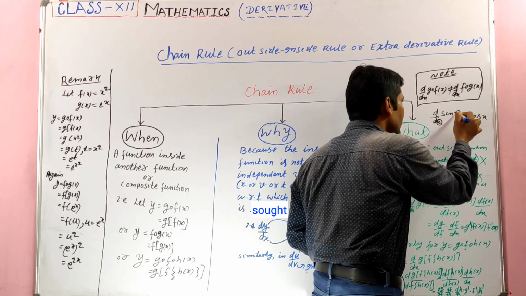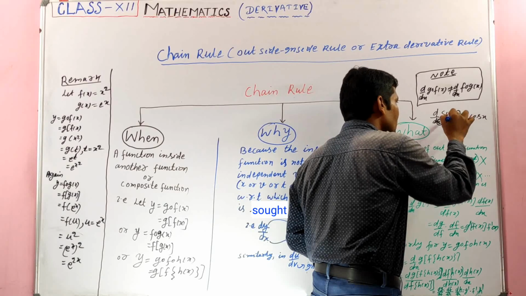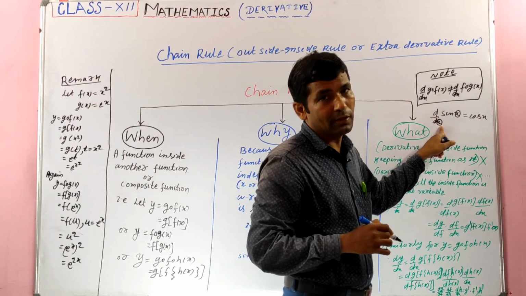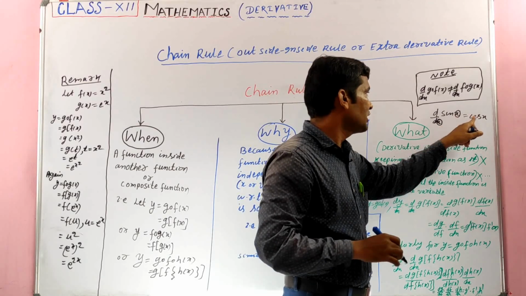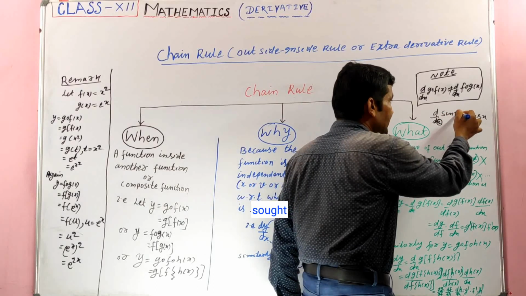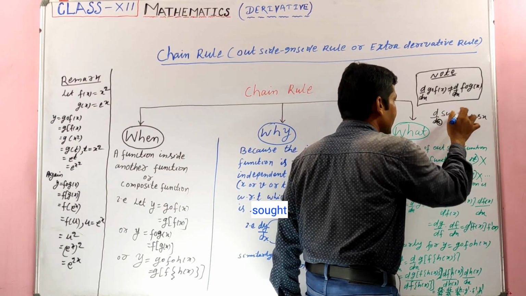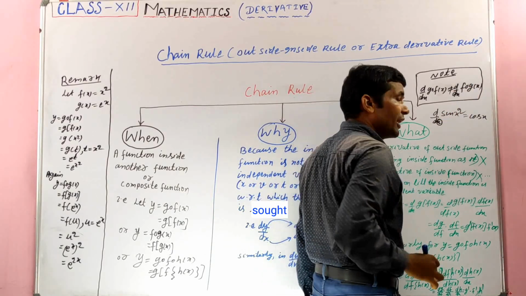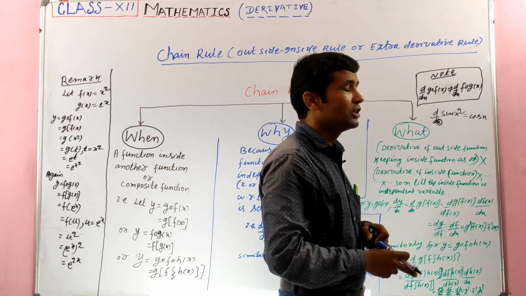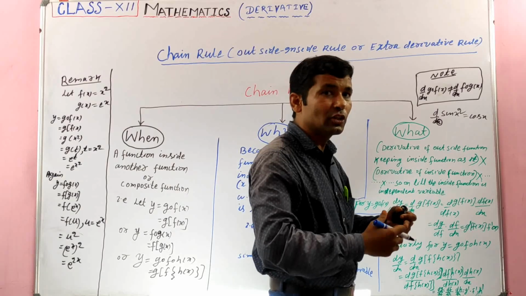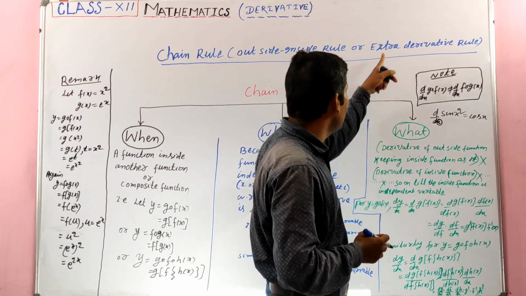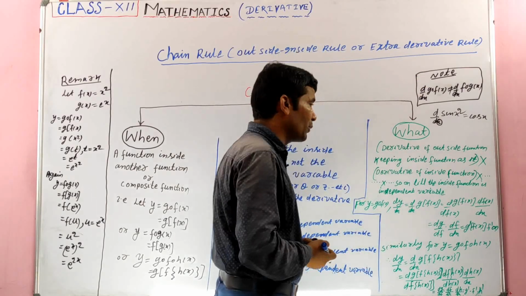These are the same. The inside function is the independent variable, and the derivative is asked with respect to the independent variable. So the answer is cos x. But if it is not x, suppose here is x squared or x cube or any other function, then we have to use the chain rule and find some more derivatives, some extra derivatives. That is why this is called the extra derivative rule.